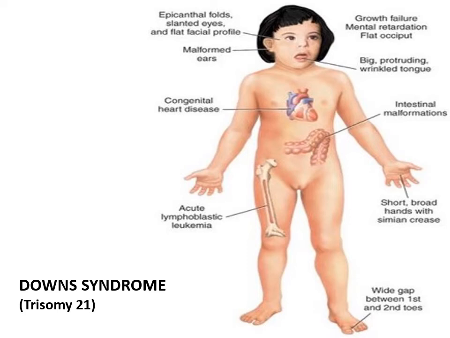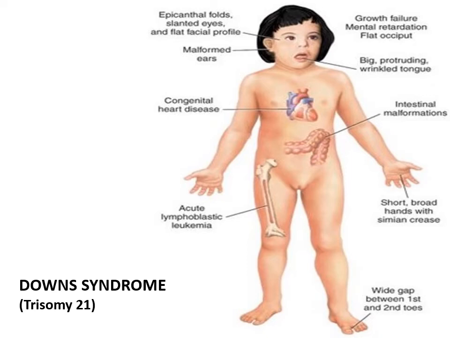We mentioned that they have a small nose, large tongue, low set, small ears. They have congenital heart diseases, okay? And often they need cardiac surgery because they have holes between, say, the ventricles that haven't closed yet, okay?